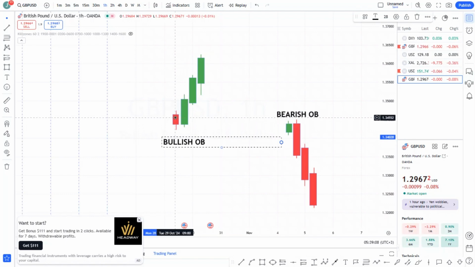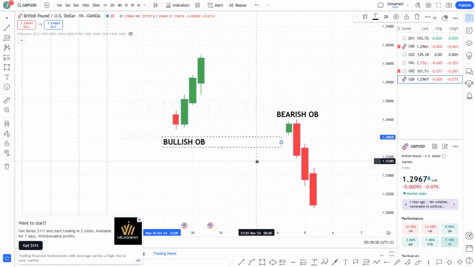This red bearish candle in this case will be our bullish order block. The opposite of this is true. A bearish order block is when we have massive sell orders forming. So the last bullish candle before the massive bearish move becomes our order block.